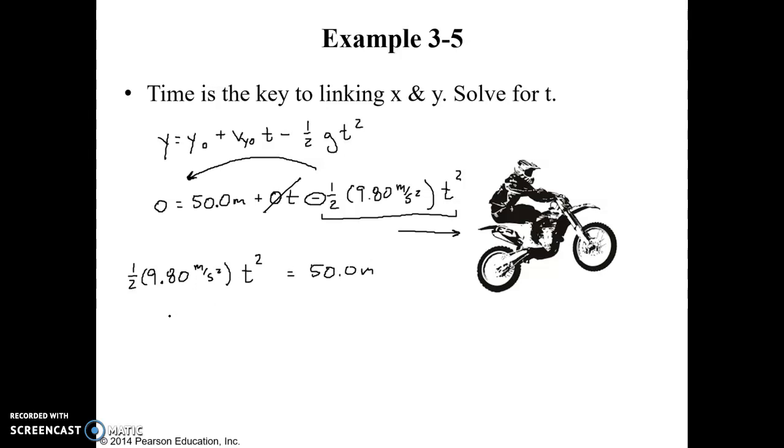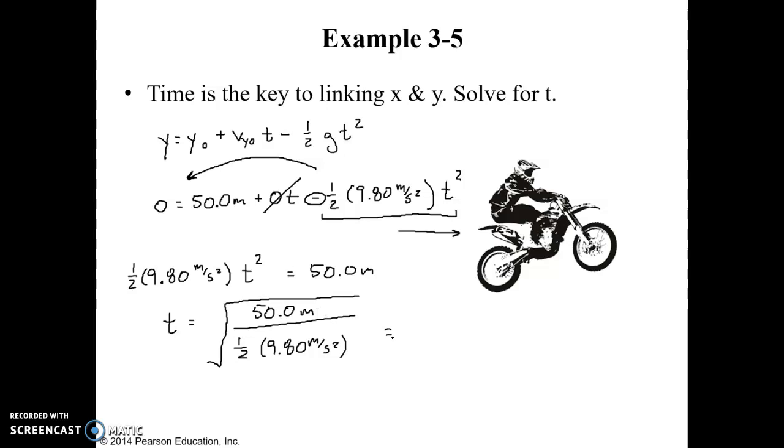All right, to get time by itself, I need to take my 50.0 meters and divide it by 1/2 times 9.80 meters per second squared. And don't forget this: in order to get rid of the square here, we have to take the square root. So we're taking the square root of all this.